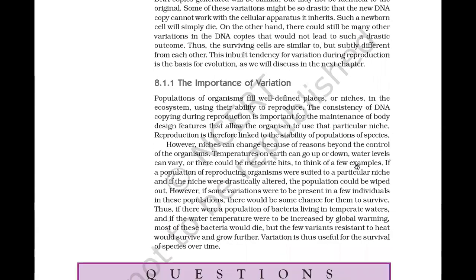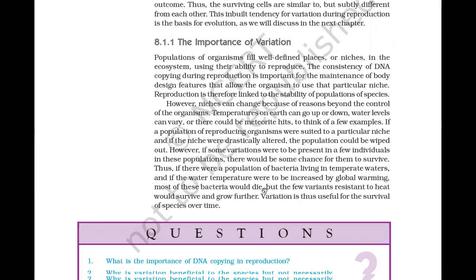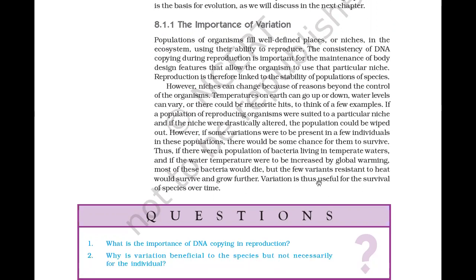Importance of variation. Populations of organisms fill well-defined places or niches in the ecosystem using their ability to reproduce. The consistency of DNA copying during reproduction is important for the maintenance of body design features that allow the organism to use that particular niche. Reproduction is therefore linked to the stability of populations of species.